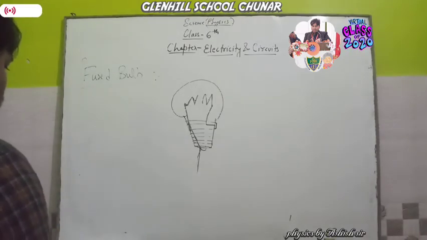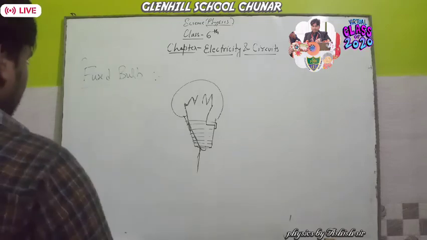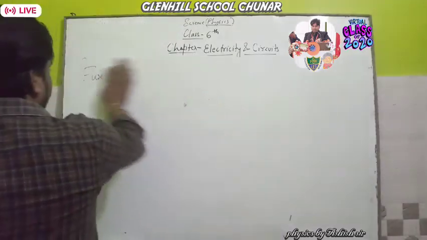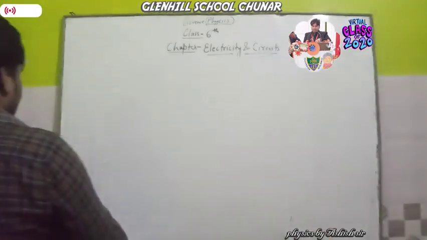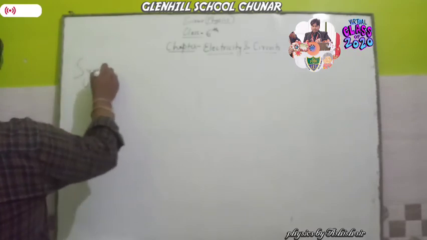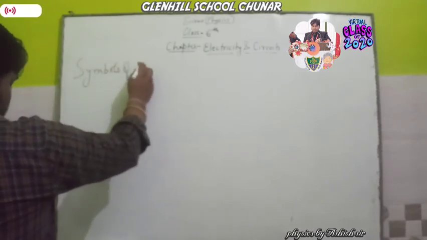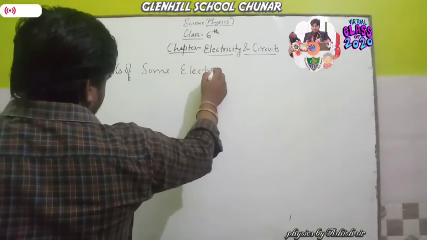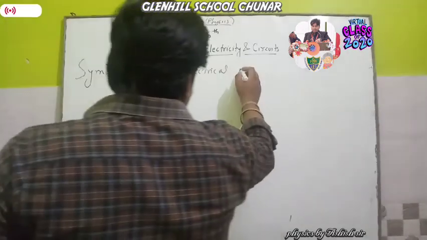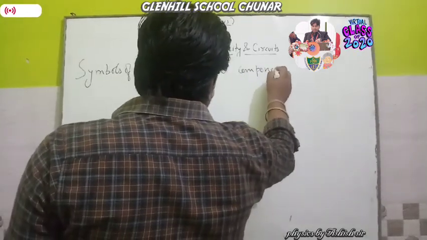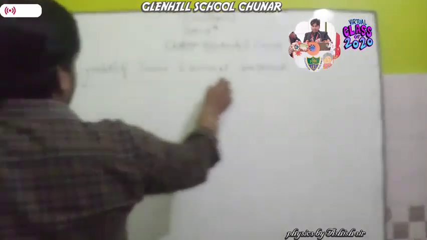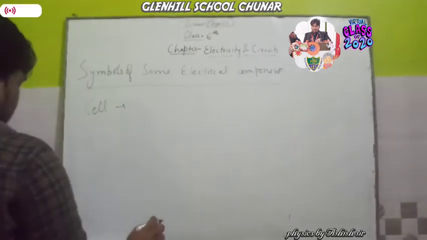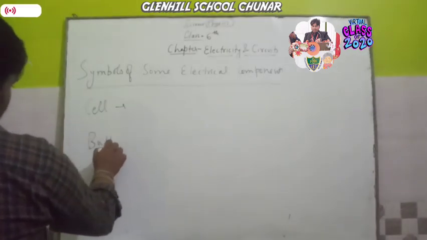Clear all of you? Now there are some symbols. Now we will discuss some symbols of electric components. Symbols of some electrical components. First one is cell. Second one is battery.